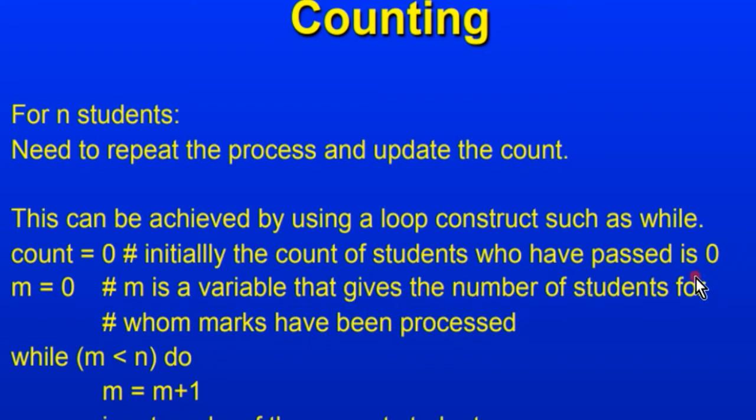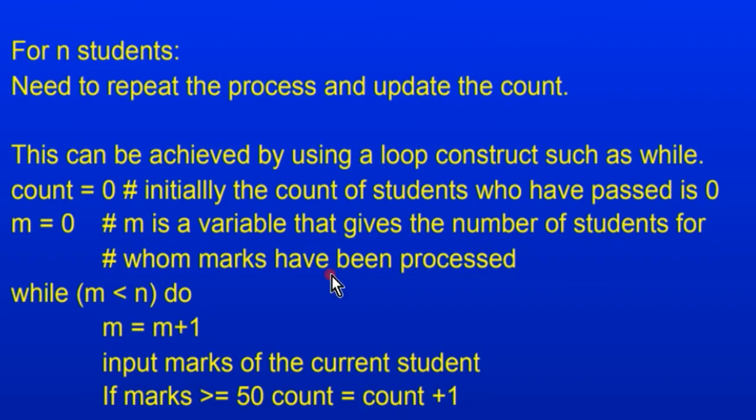Initially the count of students who have passed is 0. M is equal to 0. M is a variable that gives the number of students for whom marks have been processed. Okay. If any student's marks are processed, we will take it in M.